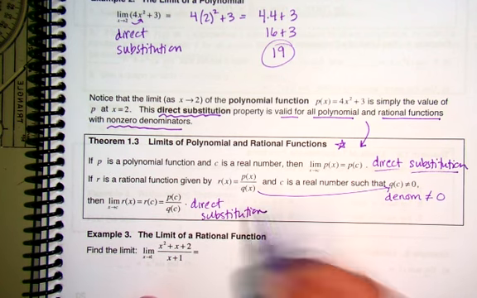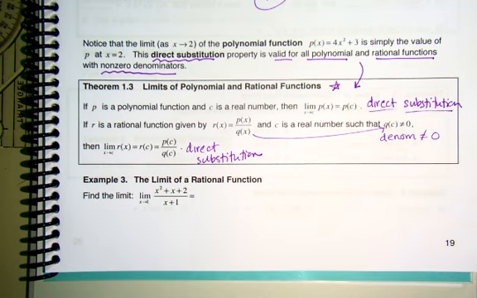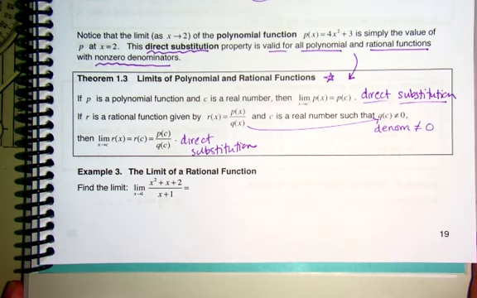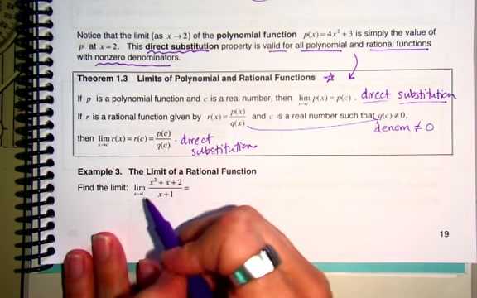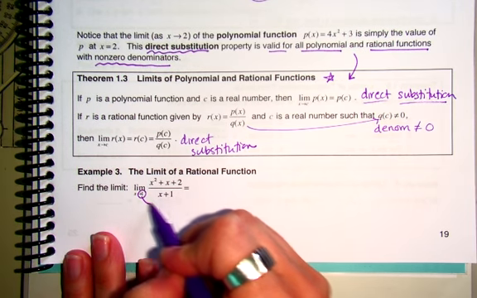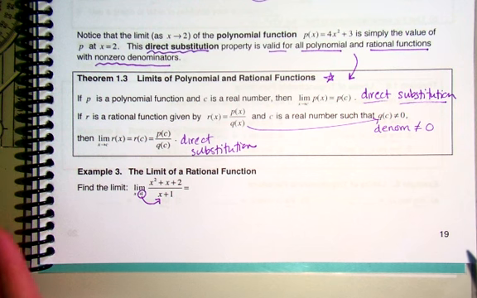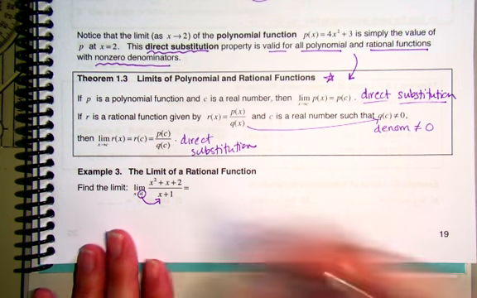Okay, so these are nice and easy. When you've got a polynomial or a rational, just plug them in. So let's try example 3 with a nice rational. Notice here, if I take this 1 and plug it in, it doesn't make my denominator 0. So I can do this. Okay, if it makes your denominator 0, we have to do a different method. Since it doesn't make my denominator 0, all I have to do is direct substitution.